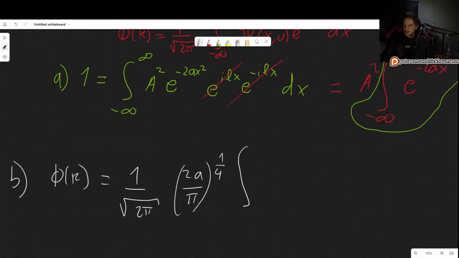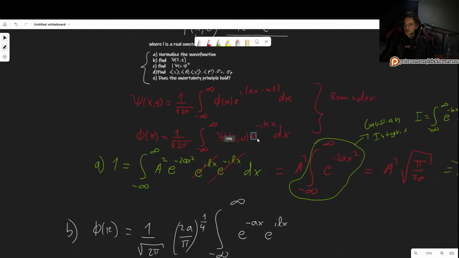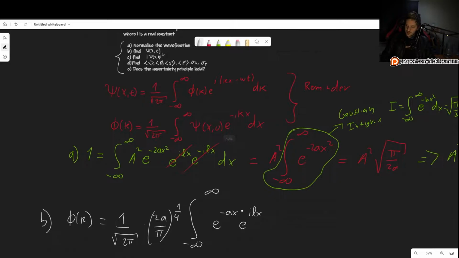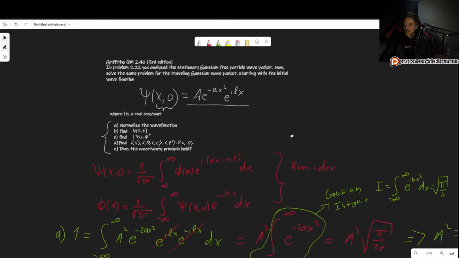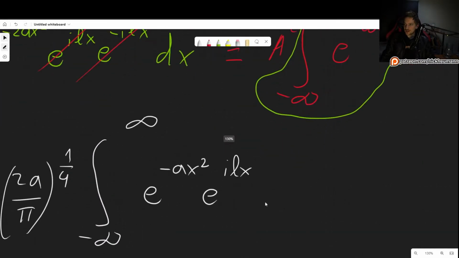And then we get the integral from minus infinity to infinity of e to the minus ax squared, e to the i Lx, and finally, we need the e to the minus ikx.